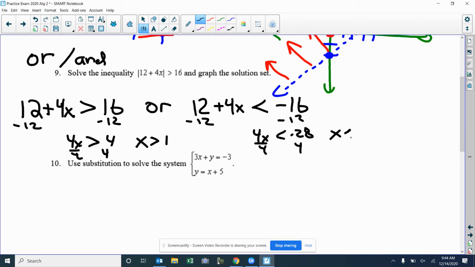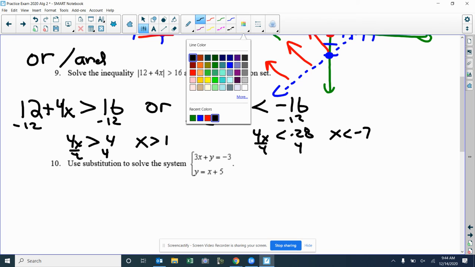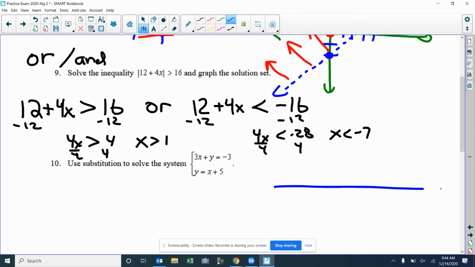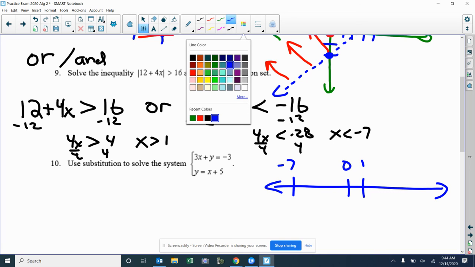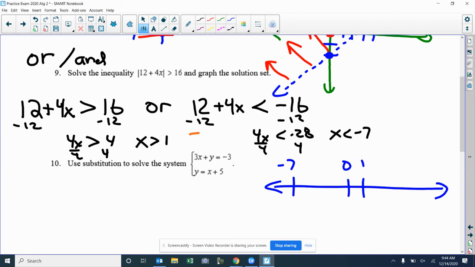You're going to get x less than -7. I'm going to squeeze down here and put a number line right here. We'll put 0, and we're really interested in 1, and down here, -7. Let's go from there and see what we got.